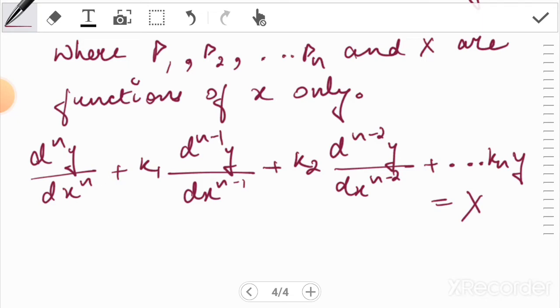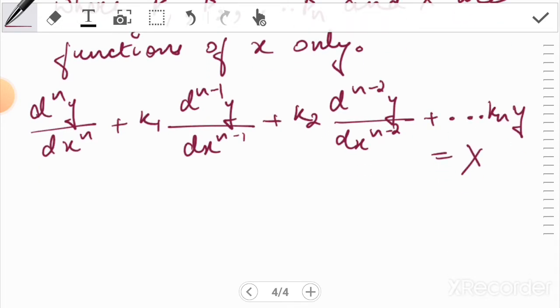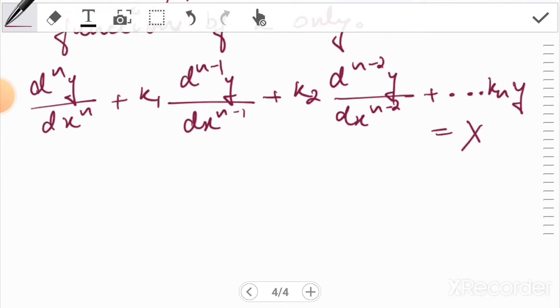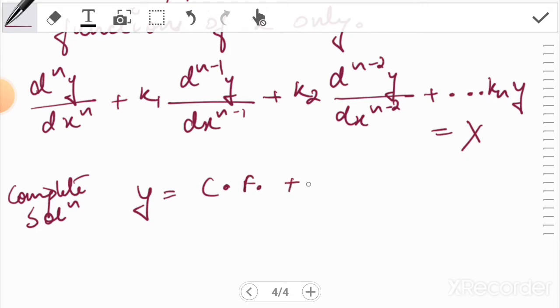Where k1, k2 up to kn are constants and x is a function of x only. Now to solve such a differential equation, we have the complete solution as y is equal to complementary function plus particular integral.